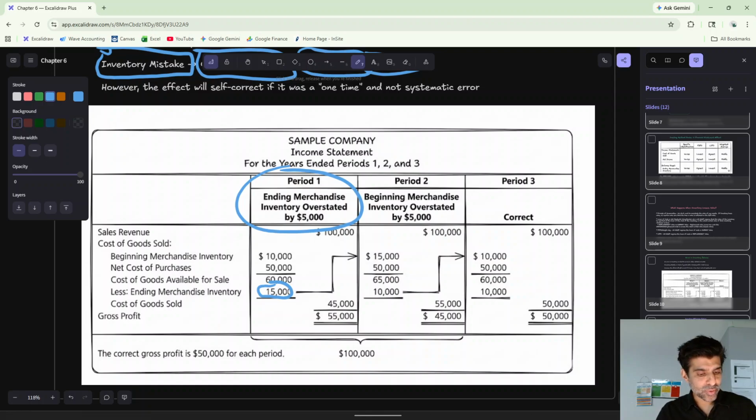So that resulted in basically a cost of goods sold that was, again, if inventory is too high, cost of goods sold is going to be too low. So that means if your cost of goods sold is too low, you're going to show extra profit. So this should have been actually 50K, right? So you're overstating it.